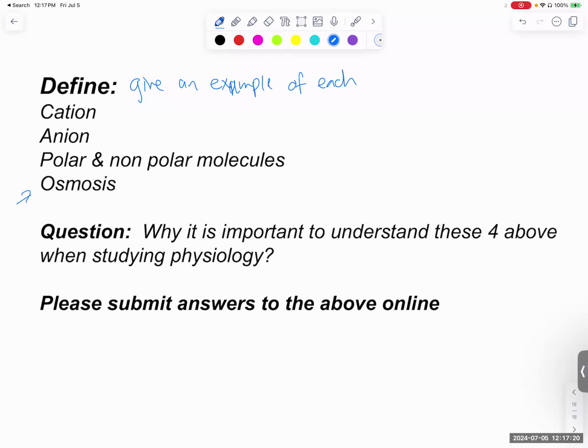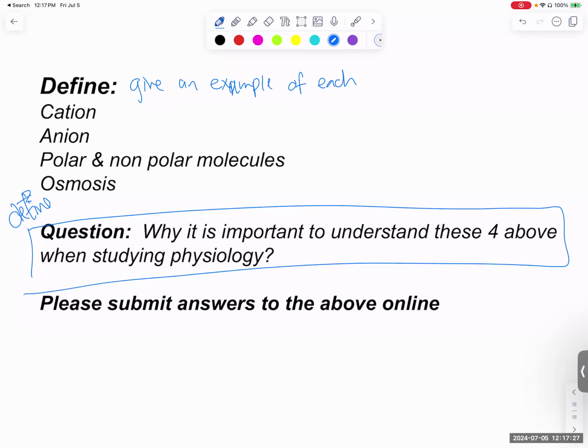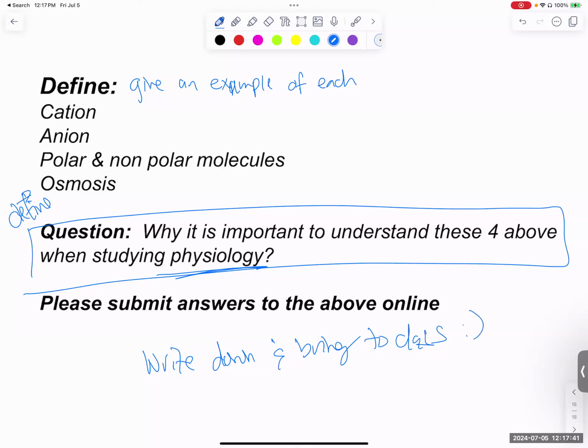I also want you to define osmosis, and then answer the question: why are all these things important when it comes to physiology? Write it down and bring it to class. This way I see if you're watching lecture. All right, that's it for now.